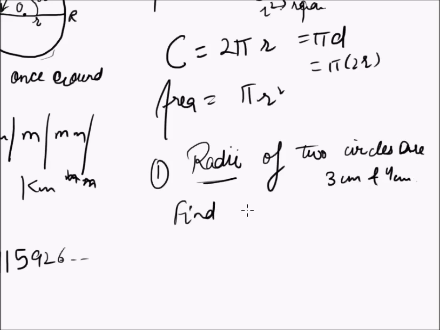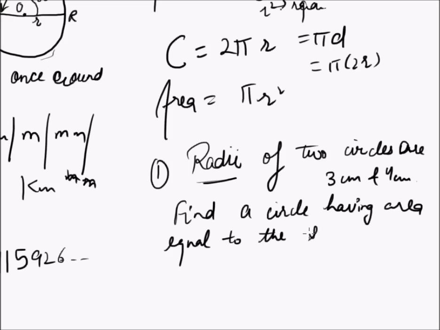Find a circle having area equal to the sum of areas of these two given circles.